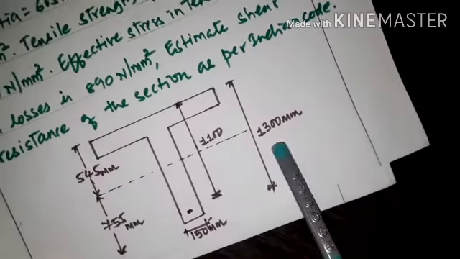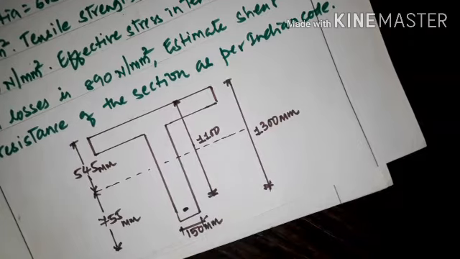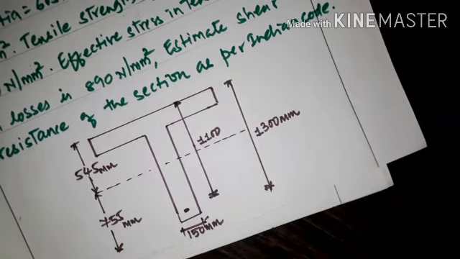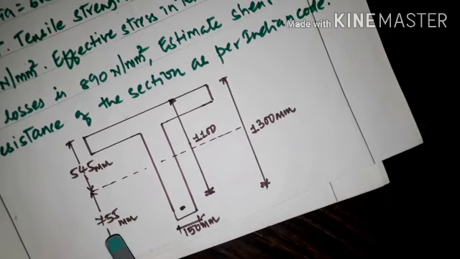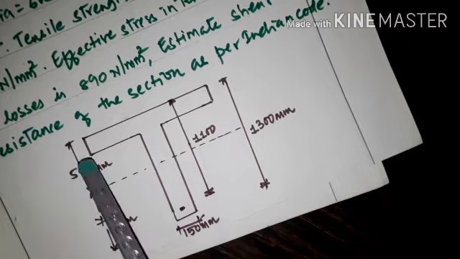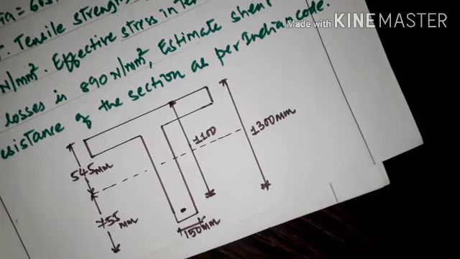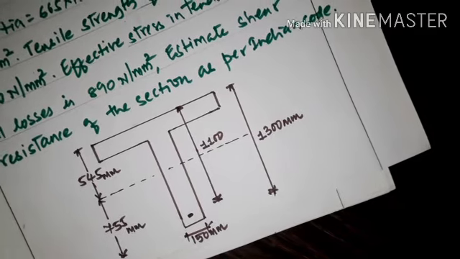Okay, so here as I told you, the total depth is 1300, width of the web is 150, the distance from bottom fiber and top fiber are 755 mm and 545 mm. Okay, so we'll start with the solution.